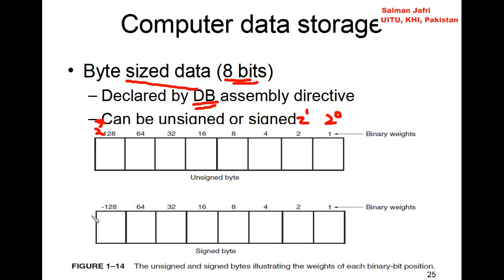For signed ones, this bit is the sign bit, which is minus 128, and the other bits have weights 1, 2, 4, 8, 16, 32, and 64.